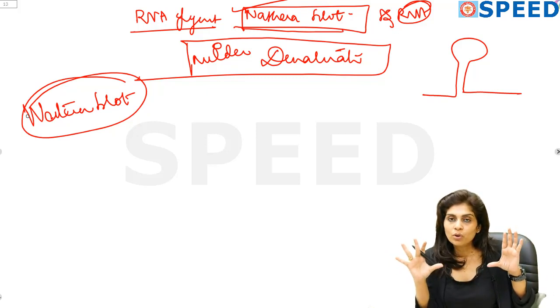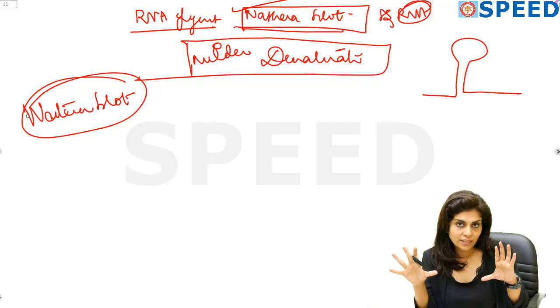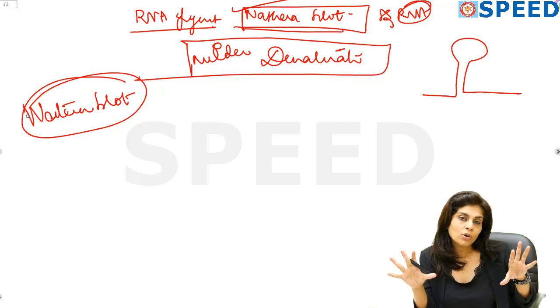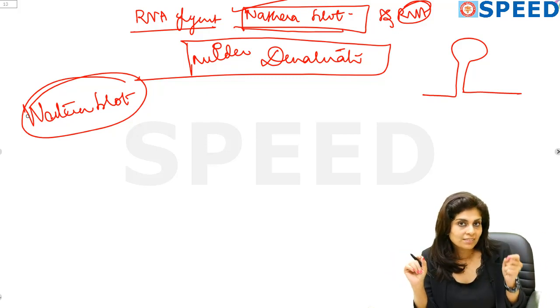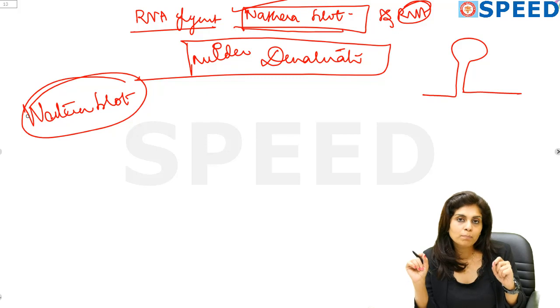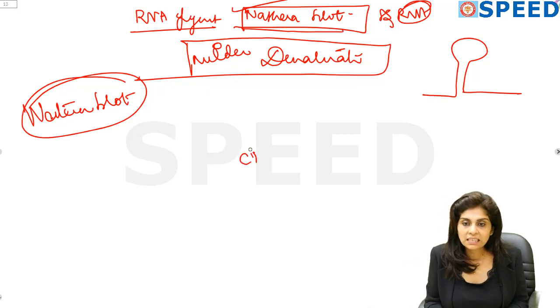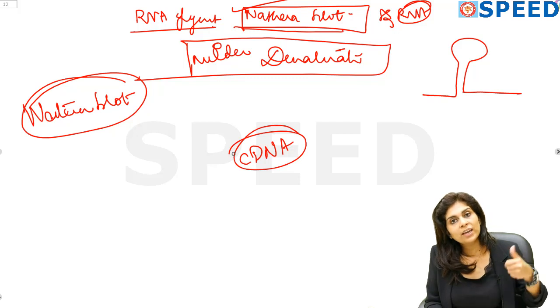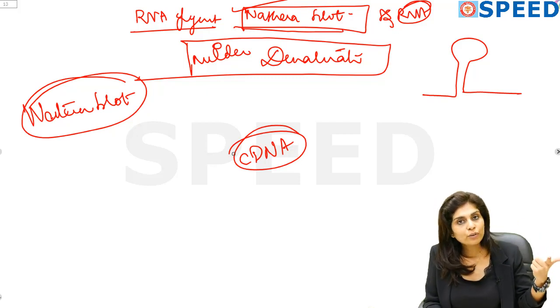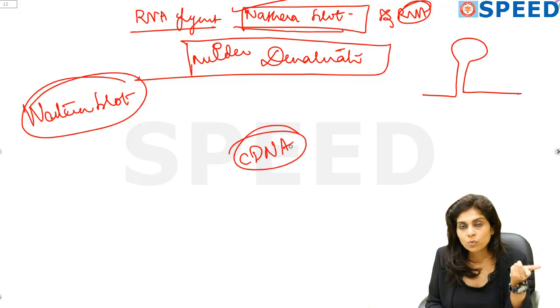I said western blot is for protein identification, whereas southern and northern blot would be for identifying oligonucleotides or polynucleotides. So be it southern or northern blot, the probe will be a cDNA, complementary DNA, which is complementary to either DNA or RNA of interest to you. So what is the probe that is used in southern and northern blot?